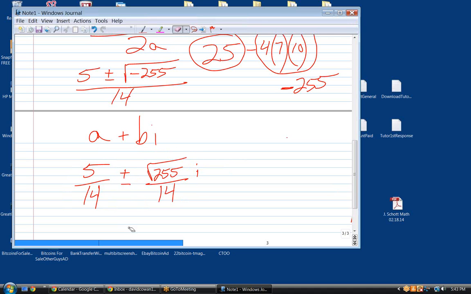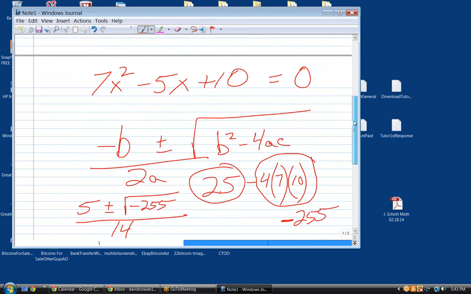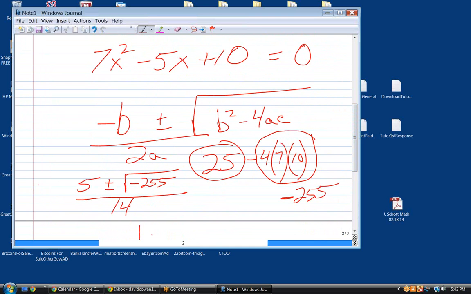So there's one answer, there's the other answer. For x, x would equal those two. In other words, when we plug this in to the quadratic formula, it is x equals minus b plus or minus square root of the discriminant all divided by 2a.